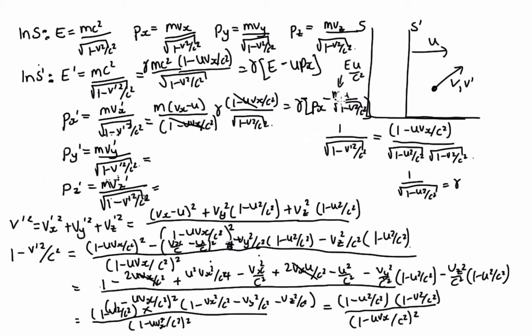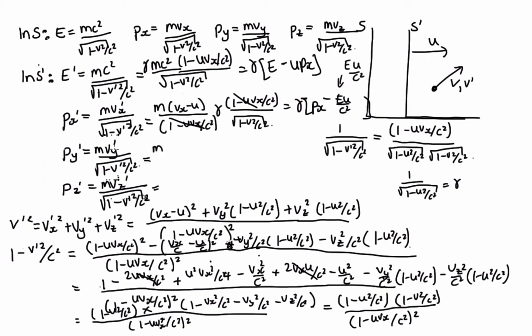So let's replace this with Eu on c squared. Now, as the reference frames are moving relative to each other in the x direction, so u is in the x direction, we would expect py and py prime to be the same, and pz and pz prime to be the same. We can just substitute in.